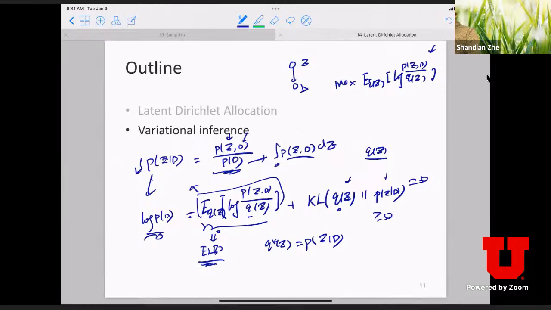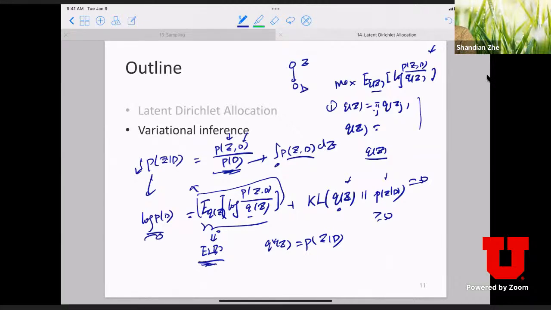So to sidestep this problem, people often try to introduce a simplified structure of Q of Z. Like I can assume Q of Z is fully factorized, factorized over each element of Z or each subpartition of Z, right? That's one way. Or you can assume Q of Z belongs to a family of simple distributions like Gaussian distribution or other choices.